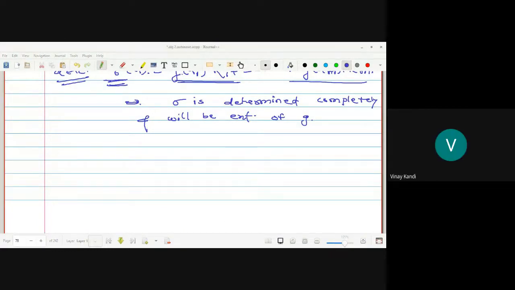So sigma will be an extension of G. This implies G is the restriction of sigma. So that implies psi of sigma is equal to G. In this way we can define any permutation. For any permutation belonging to G, we can define one sigma belonging to GKF. Hence, this is onto, true.